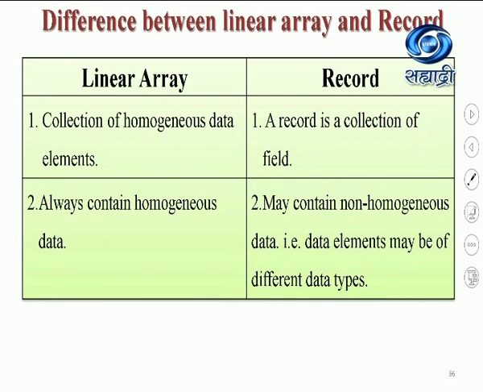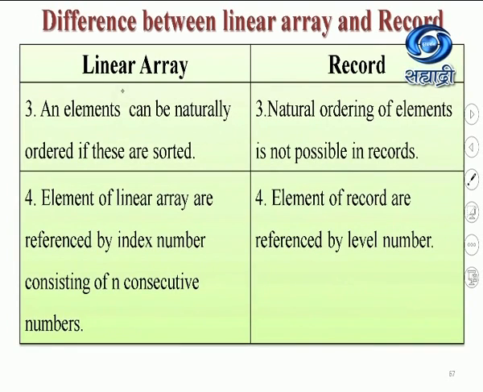The difference between a linear array and a record is that a linear array is a collection of homogeneous data elements, whereas a record is a collection of fields. A linear array always contains homogeneous data, and a record may contain non-homogeneous data, that is, data elements may be of different types. In a linear array, elements can be naturally ordered if they are sorted, whereas in a record natural ordering of the elements is not possible.